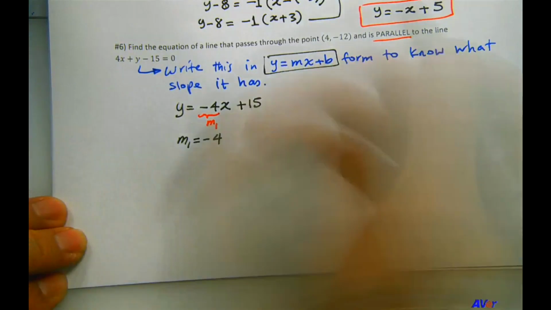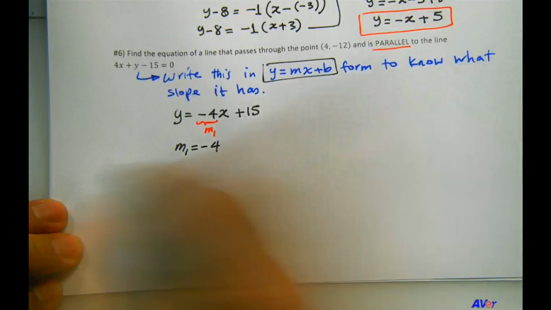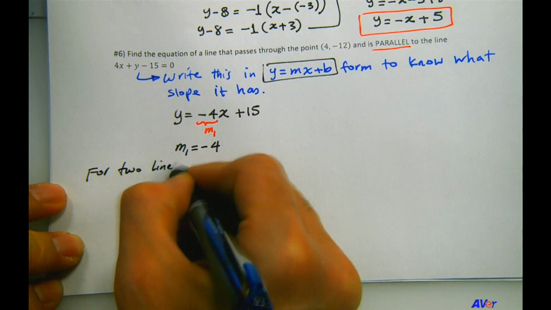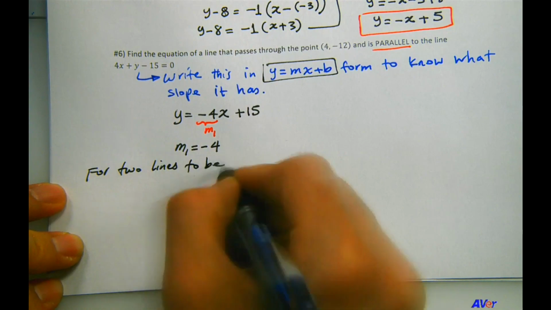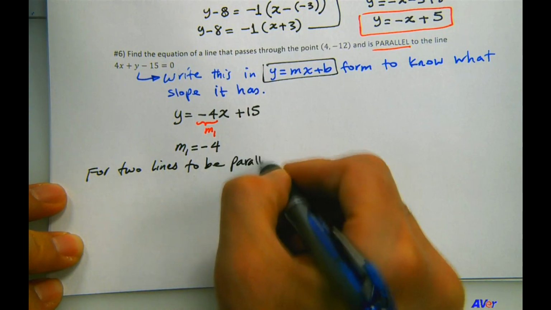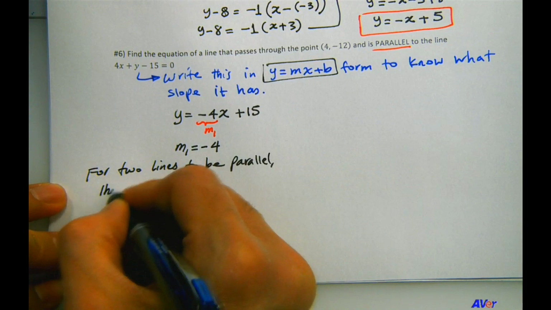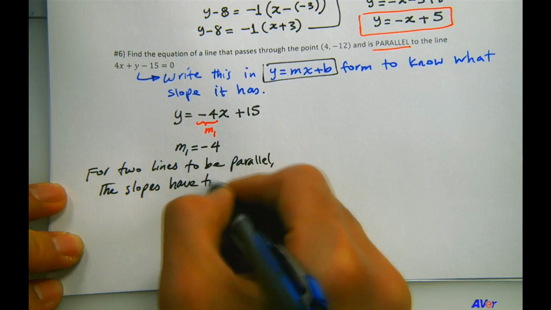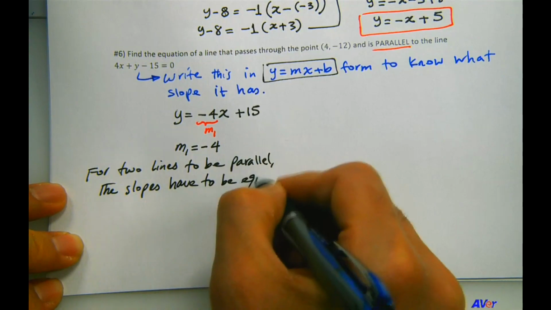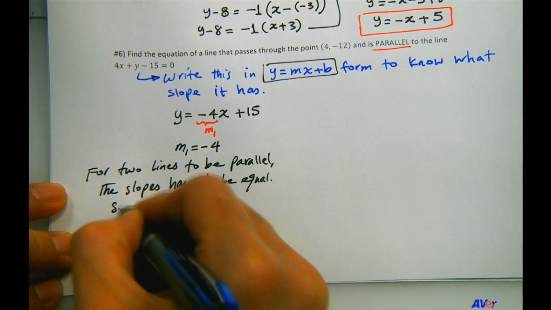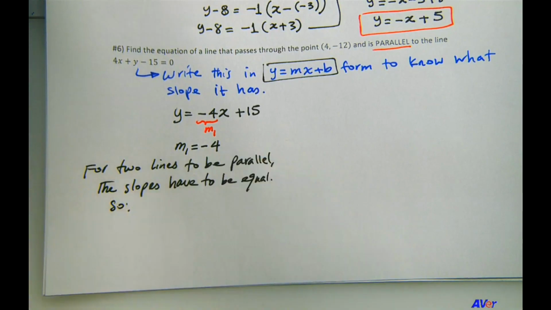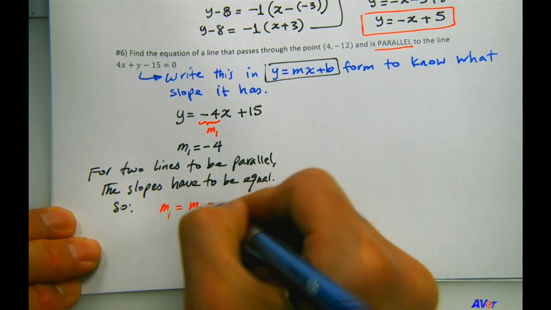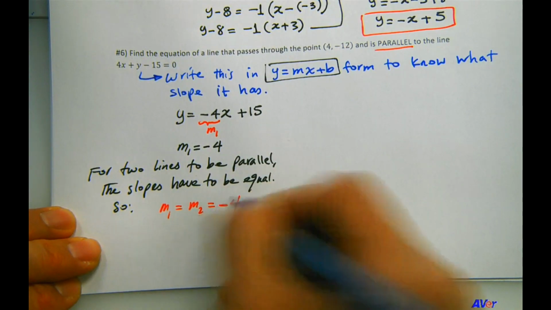So for two lines to be parallel, which is what we're looking for here, the slopes have to be equal. So we must have m1 equals m2 equals minus 4.